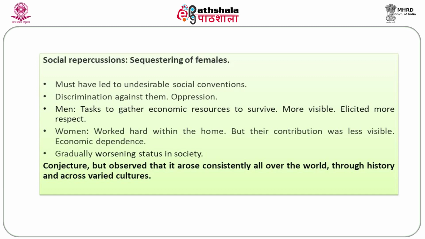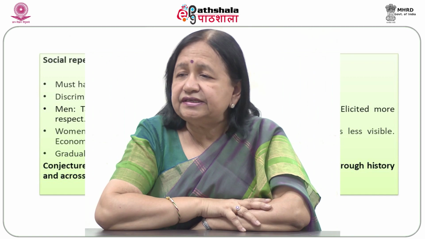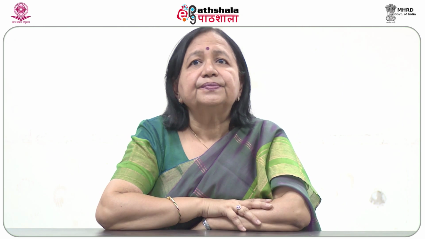So, they became more confined within the home, and their contributions to the family were less visible. Also, they were not the bread earners, they were not the economic strength of the family. And the conjecture here is that this must have gradually worsened their status in society.